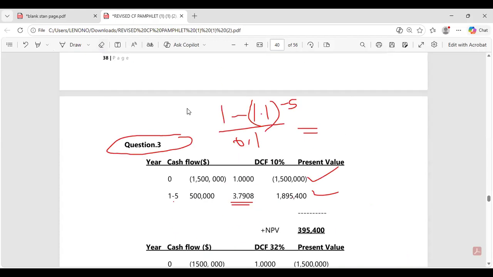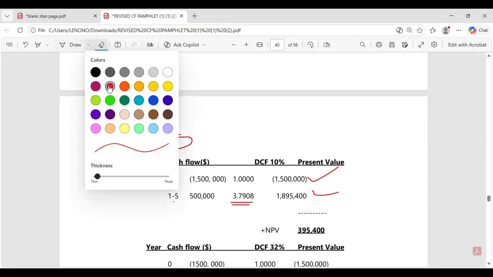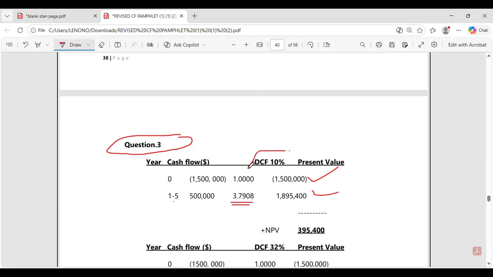Is the cost of capital the 10% or the actual initial investment? The company's cost of capital is a percentage, which is 10%.